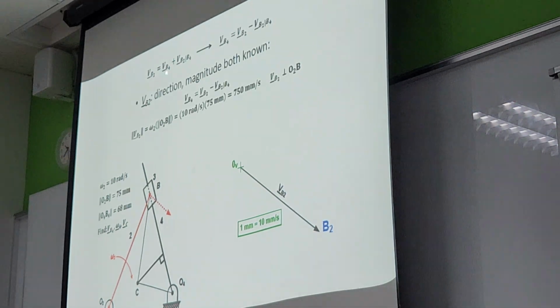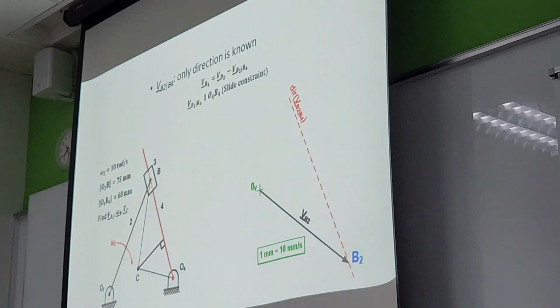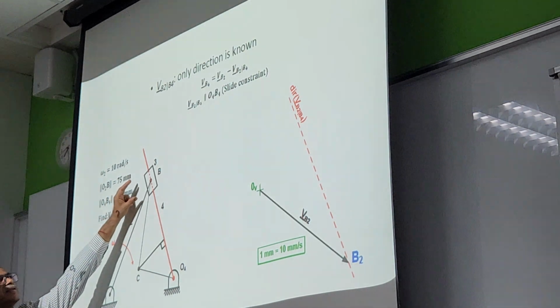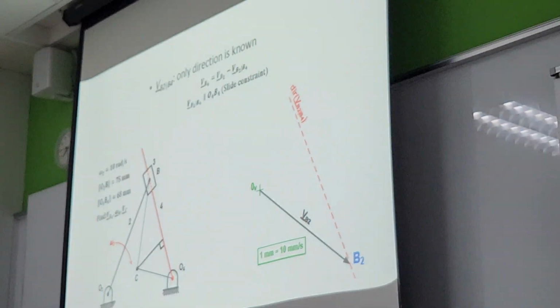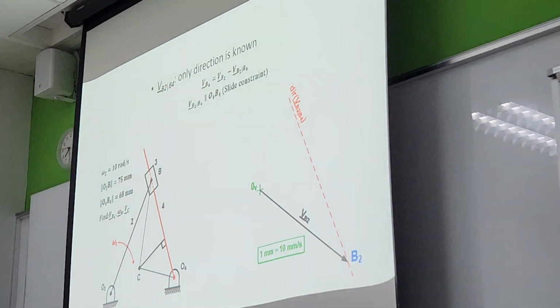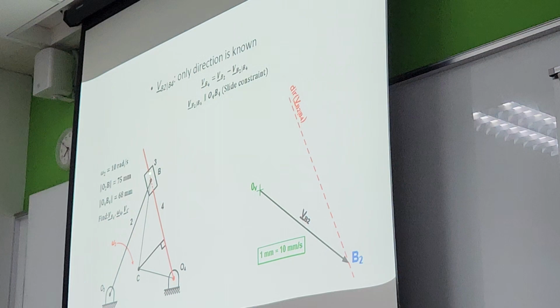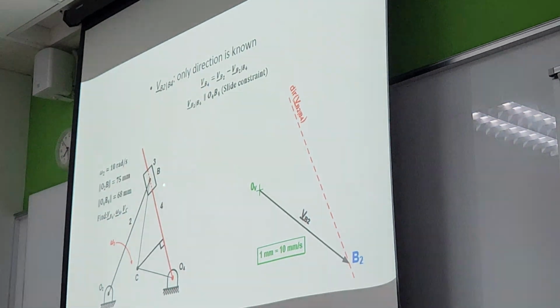So next we need to plot the velocity of B on link 4. Here the point B on link 4, because the slider is sliding on link 4, the direction will be in the direction of the link. So it is sliding downwards and upwards on link 4. So point B will have velocity on link 4.